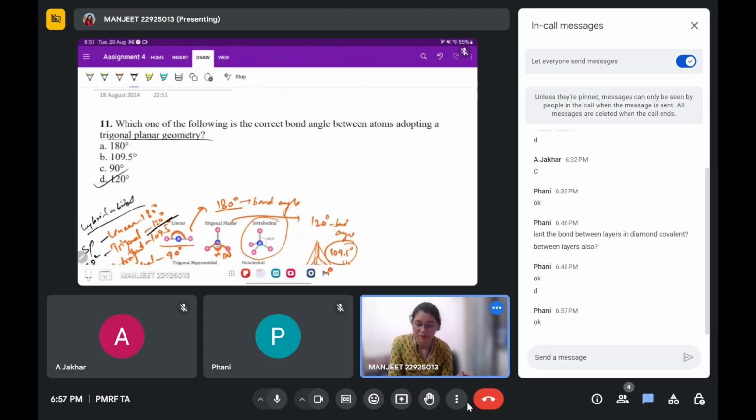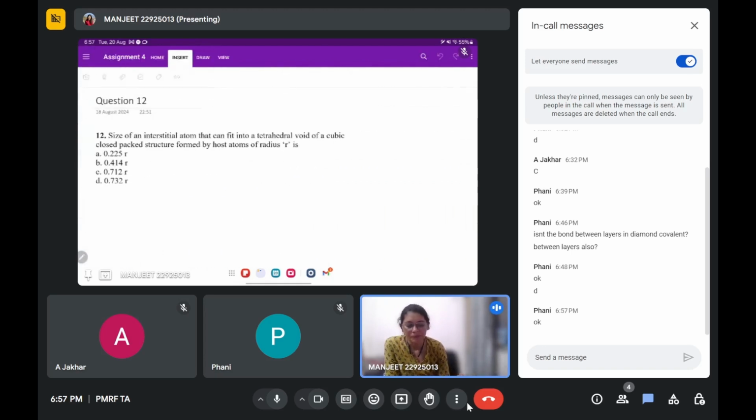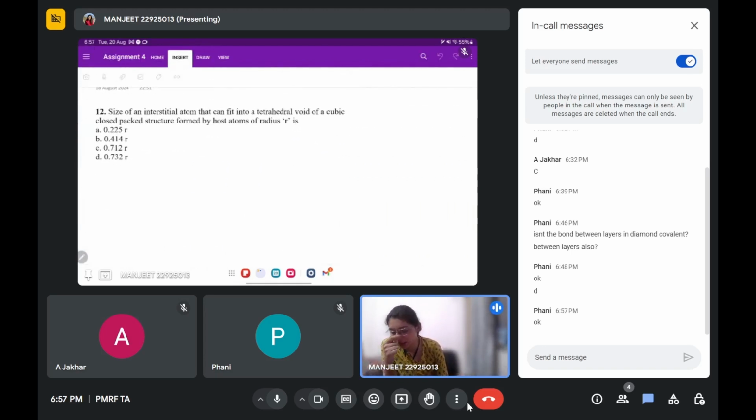No? Okay. Then let's move to question number 12. Here it is asked the size of the interstitial atom that can fit into a tetrahedral void of a cubic close packed structure formed by the host atom of radius r.